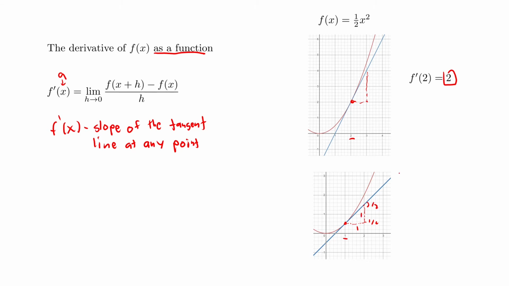So the rise is 1, which means that the slope of that line is going to be equal to 1. And without going into the details on how we know this is true, we can actually conclude that the derivative as a function is going to be x. So that means if I want to find the derivative at any given point, so if I want to figure out, well, what's f prime of 5, well, the slope of the tangent line at x equals 5, somewhere up here, is going to end up being 5.